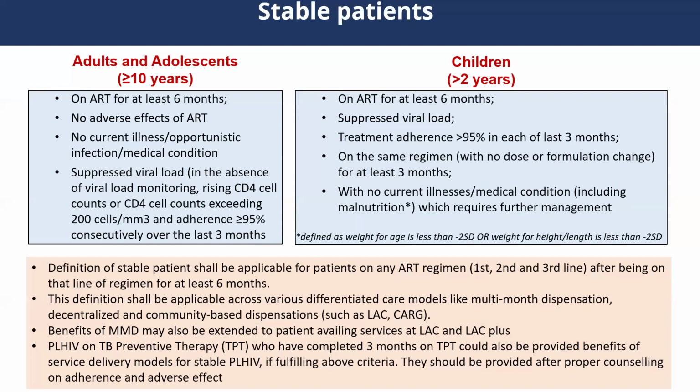I'll just respond to that quickly, ma'am. If you read this one slide in our own guidelines, why this stable concept for children had come up is in the third point under children greater than 2 years: if a child has been on the same regimen with no dose or formulation change for at least 3 months.